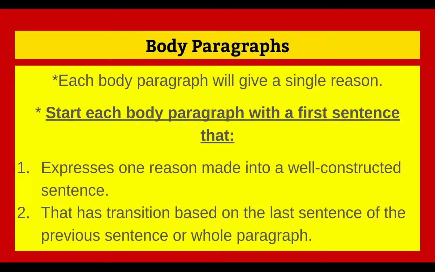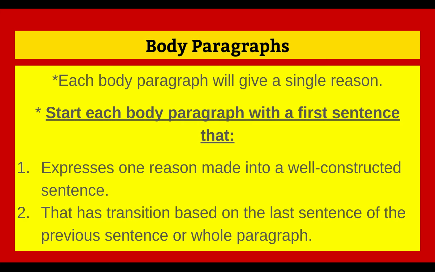Okay, now we get to the body paragraphs. First of all, each of your body paragraphs is going to give a single reason. You've already developed 3 reasons, so you know that each body paragraph is going to take one of those 3 reasons you developed for the oral presentation and use them in a separate paragraph. Now, I start in this next section talking about what the first sentence of each body paragraph should look like.